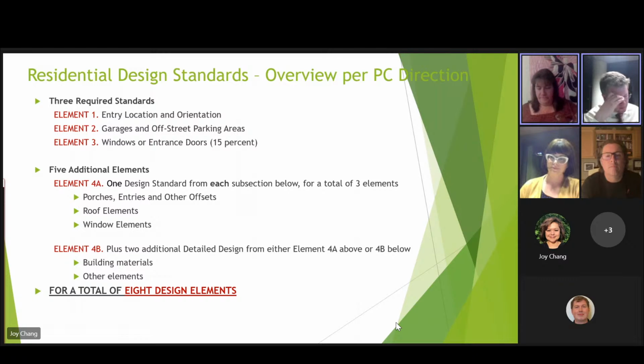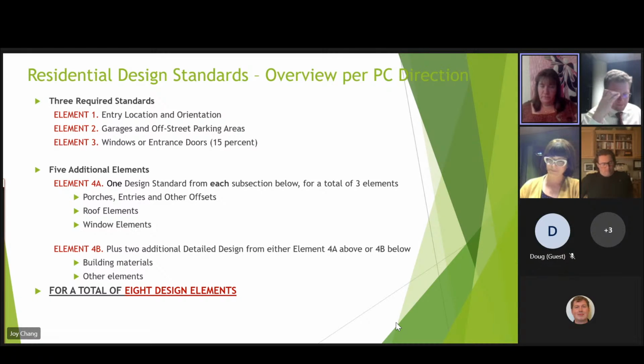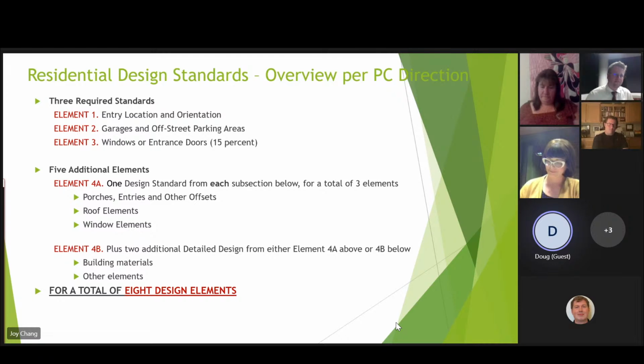Yep. And I thought we were going away from it being strictly windows and more to being 15% non-siding, non-garage door. Yeah. So change it to be like pictures of windows with shutters or something. Yes. I think it would be really helpful if the diagram can represent it.